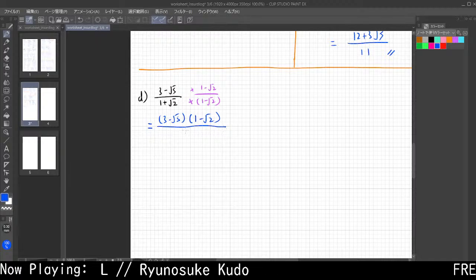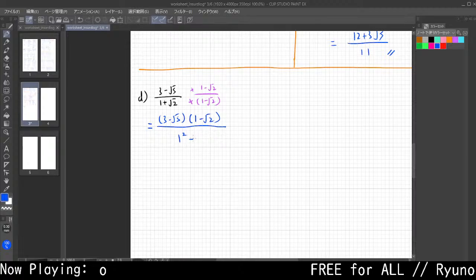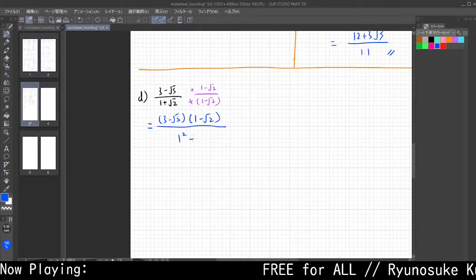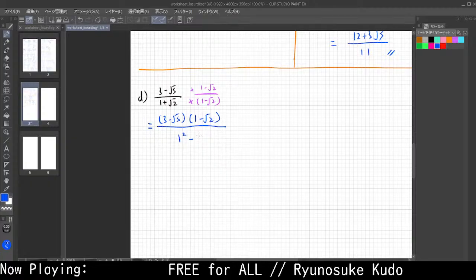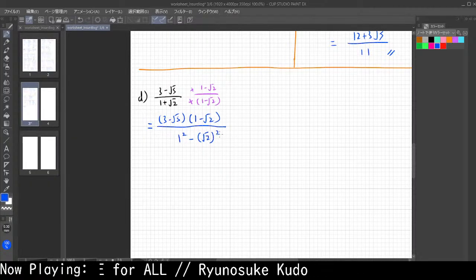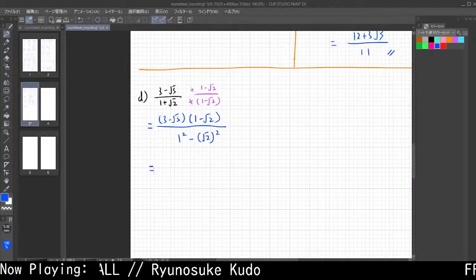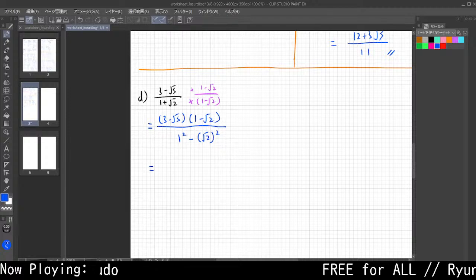Your bottom will be your first thing squared, 1 squared, which is just 1, written to show it is the case, and then minus square root of 2 squared, so you get this.